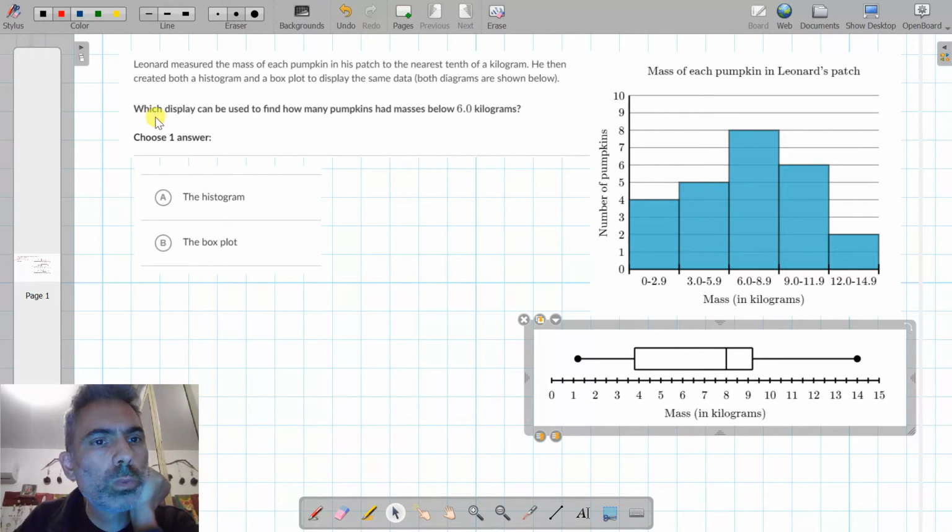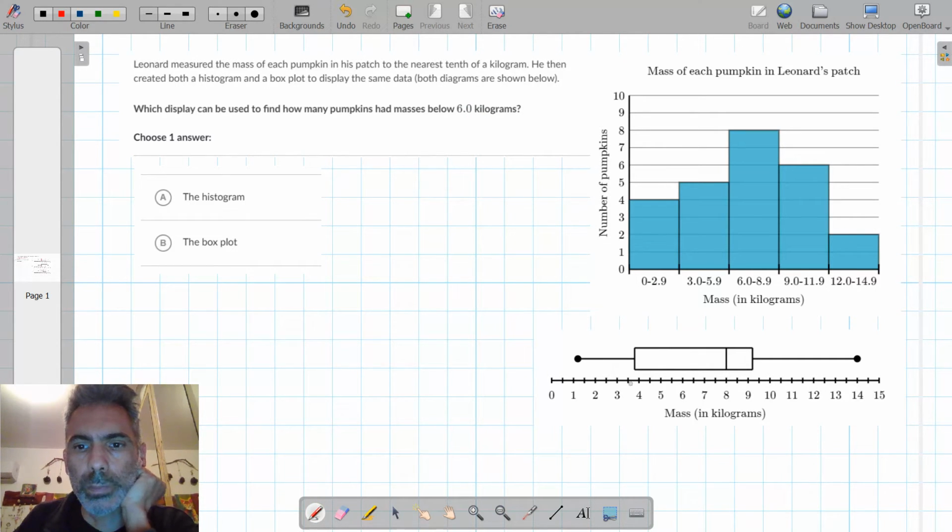So the first question, which display can be used to find how many pumpkins had masses below 0.6 kilograms? Okay, so the box plot doesn't tell us anything about the number of data points in each section of the box plot. So we have no idea how many data points are below 0.6 kilograms.